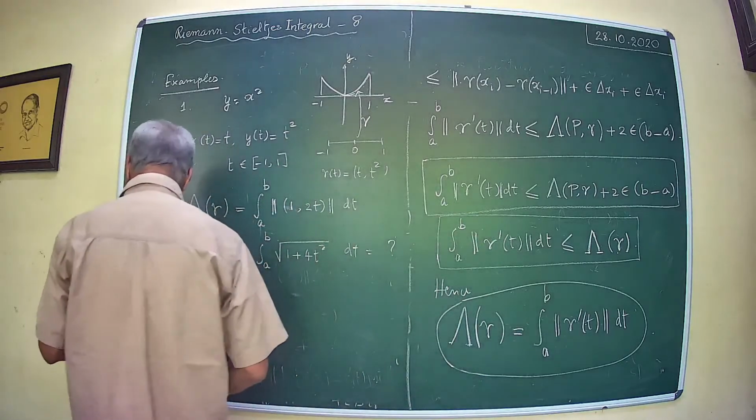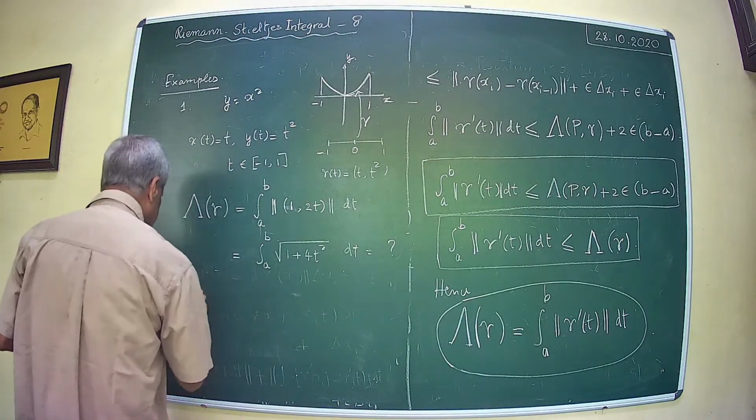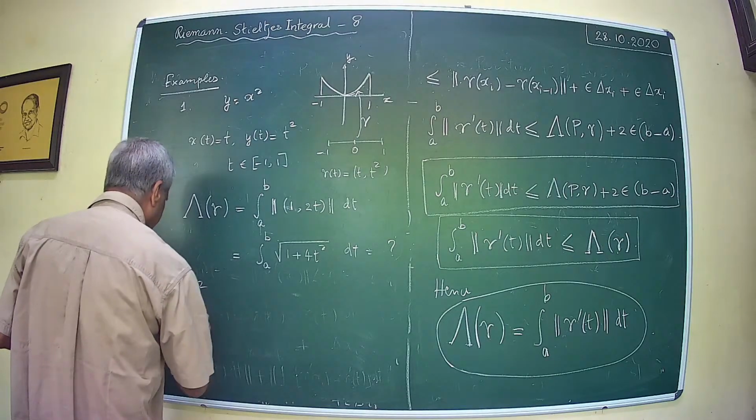Similarly, you have example 2. This is a closed curve. This is the ellipse that we have.